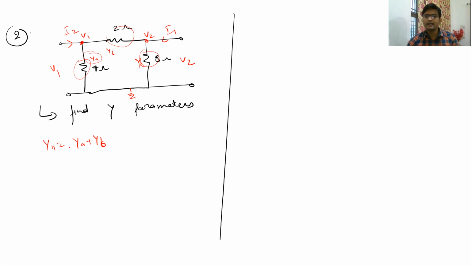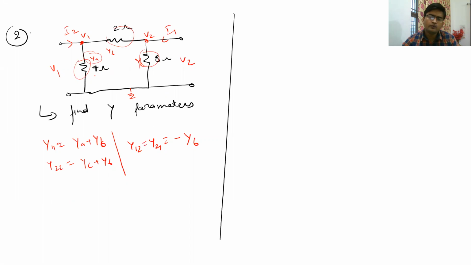So you can use the direct formula which you calculated earlier. Similarly, Y22 was nothing but Yc plus Yb, and Y12 is equal to Y21 was equal to minus Yb. So this was the formula we calculated for pi networks.